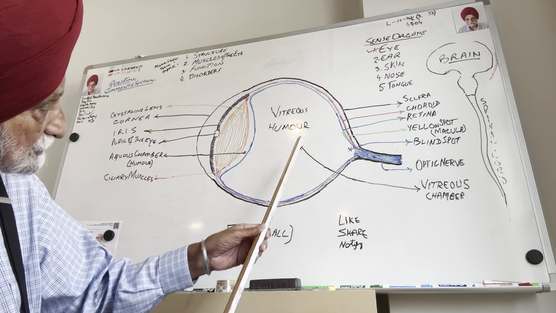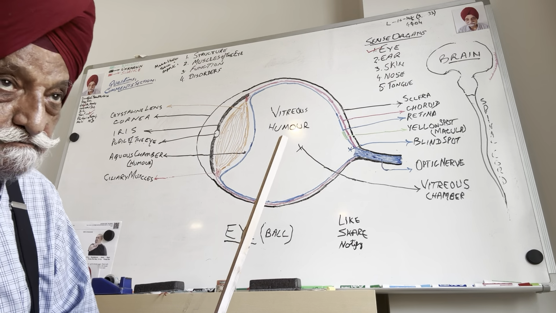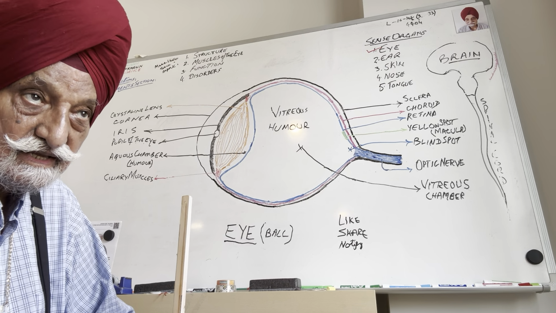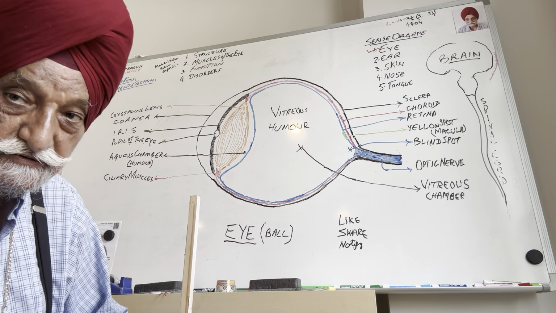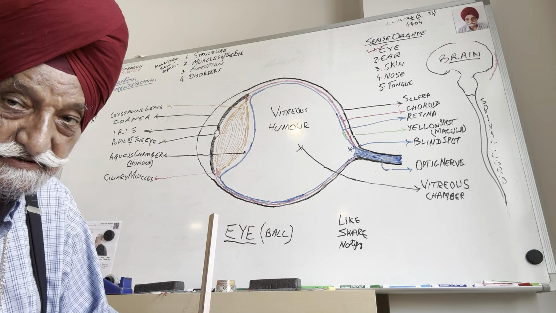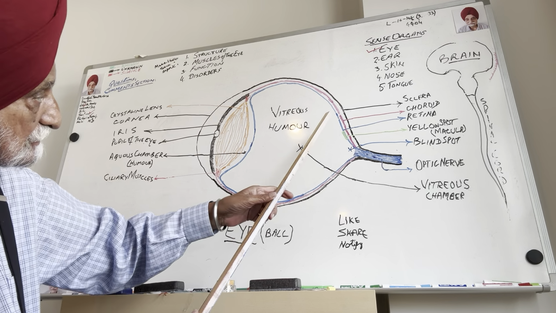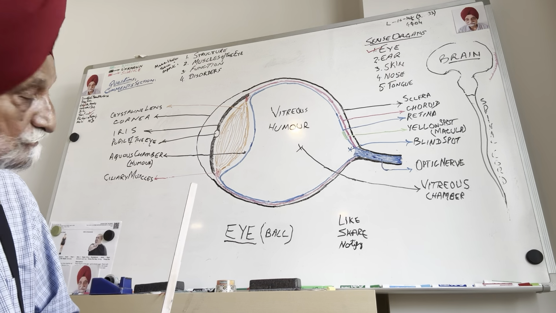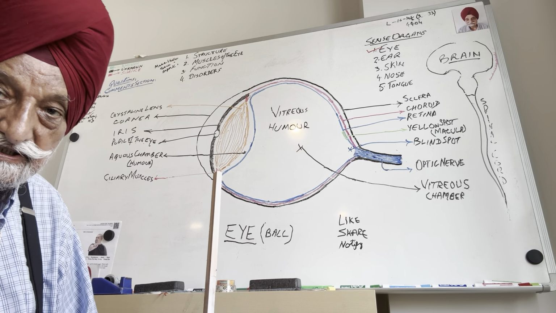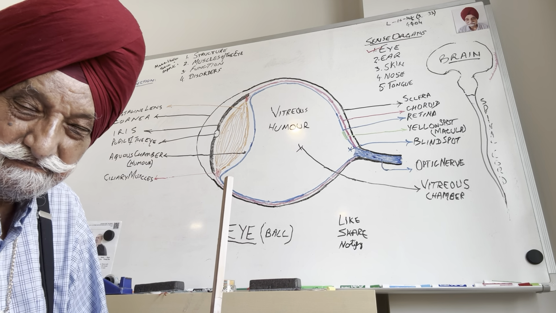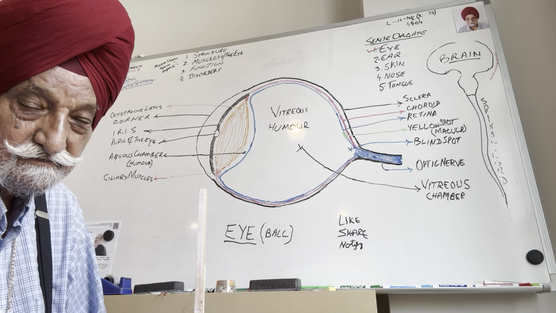Now, the second layer, the choroid, is brown in color and is light proof. That means it does not let light come in or go out. In some cases, the choroid is blue in color. You see this choroid in the eye. The blue or black thing you see in your eye is the choroid.